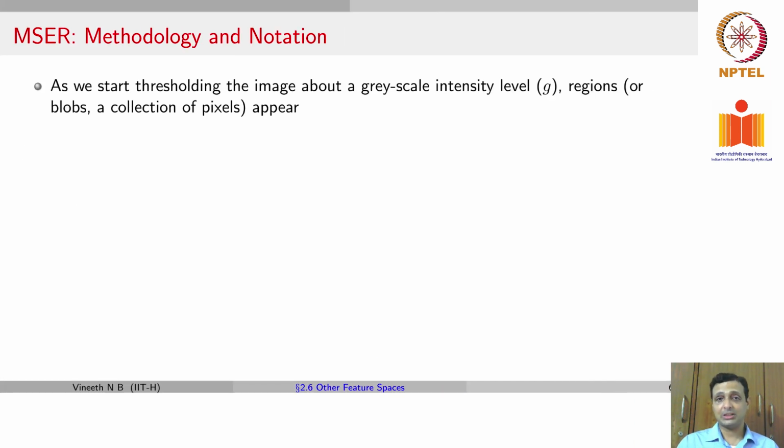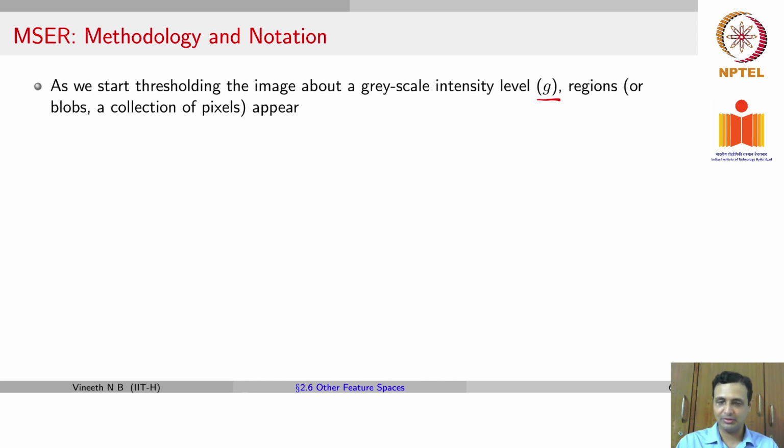So let's say we start thresholding the image about a particular intensity level G, which means you consider a threshold G, and everything above that is considered to be white and everything below that is considered to be black. So you binary threshold your image based on the threshold G. Clearly, when you threshold, you're going to see a bunch of blobs or collections of pixels appear.